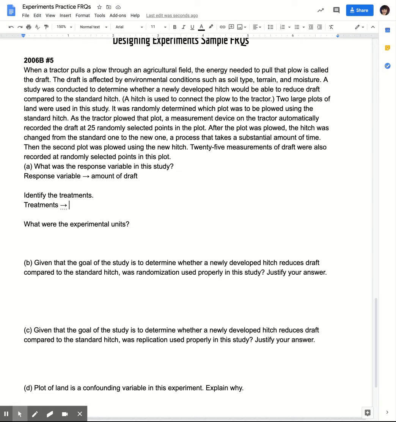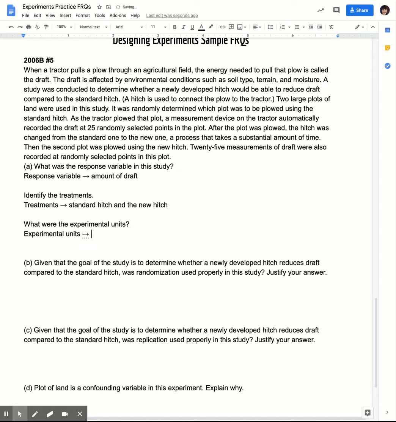That's what you are changing as the scientist. So the treatments are those 2 hitches, right? So you would say it's the standard hitch, which was like treatment 1, and the new hitch, which is like treatment 2.